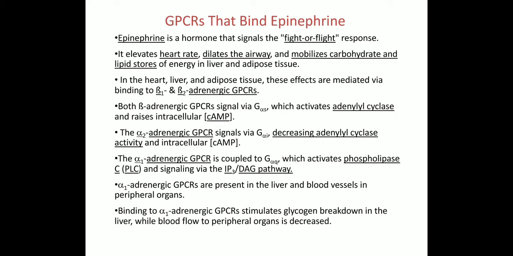Next, GPCRs that bind epinephrine. Epinephrine is particularly important for the body's response to stress, like a fright or heavy exercise, when all tissues have an increased need to catabolize glucose and fatty acids to produce ATP.